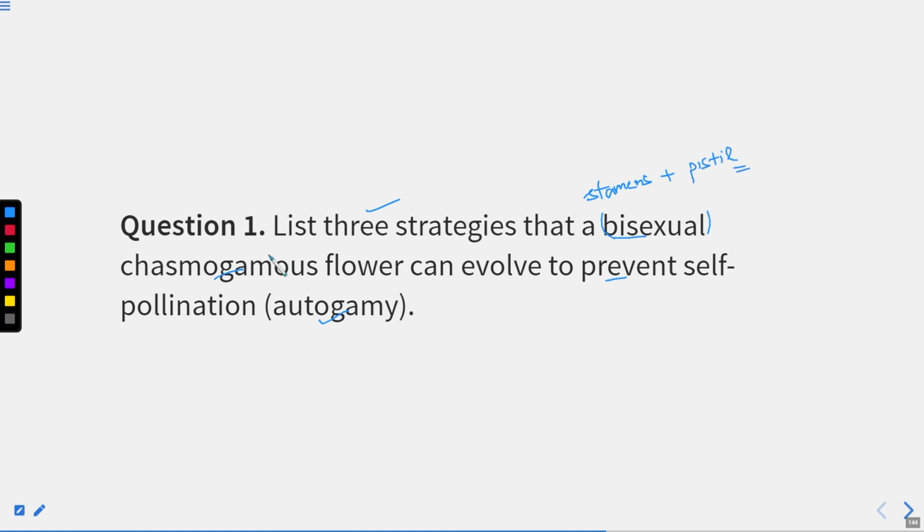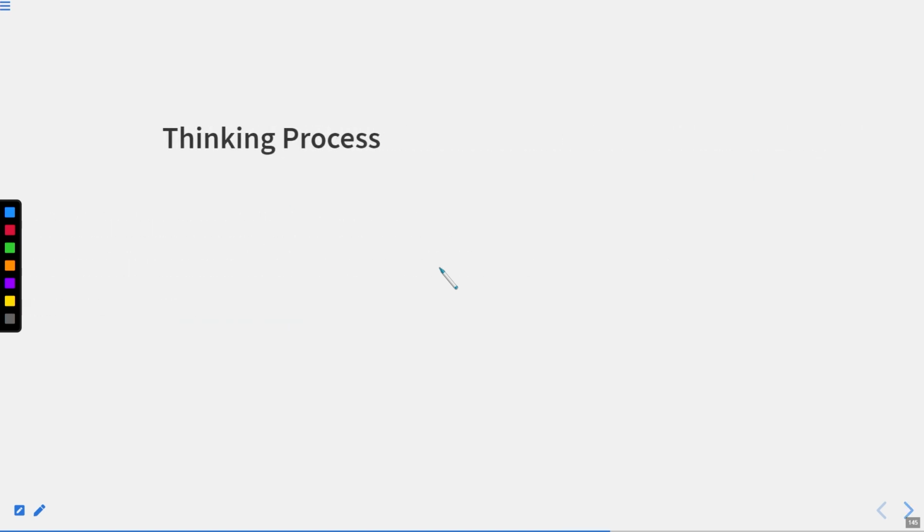And what are chasmogamous flowers? Chasmogamous flowers are those flowers which remain open, so they promote cross-pollination. Self-pollination, as you already know, is also known as autogamy, where the pollen from the anther is transferred to the stigma of the same flower.